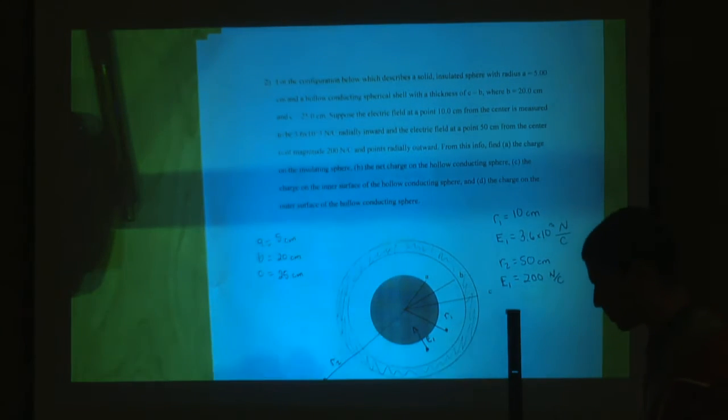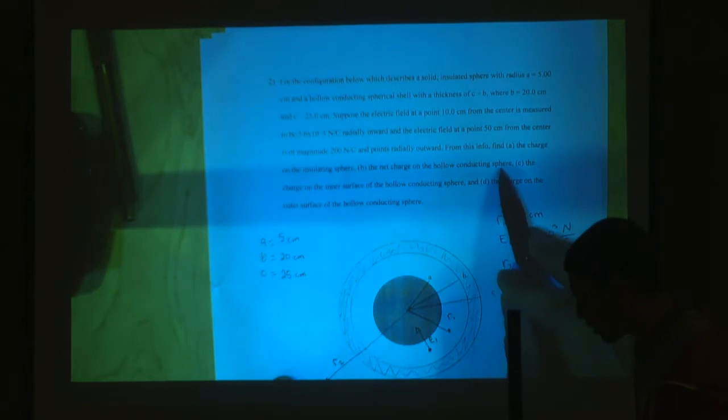But our electric field at this point is radially outward. From this info, find A, the charge of the insulating sphere. So what is the Q of the insulating sphere? I'll put I and S for insulating.